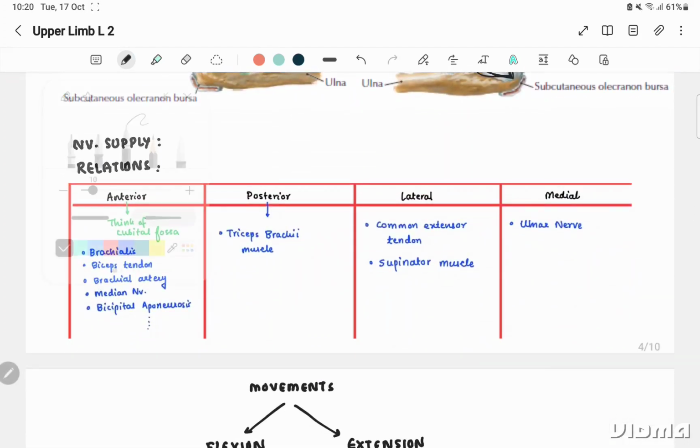Okay, so let's now discuss the nerve supply. About the nerve supply, this is supplied by all the nerves: median nerve, ulnar nerve, the radial nerve, and the musculocutaneous nerve also. Okay, about the relations, we can think of the anterior relations.